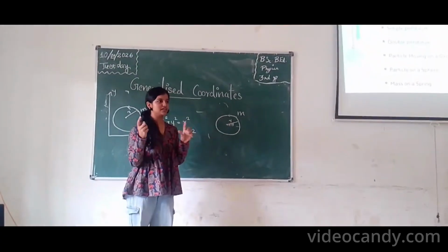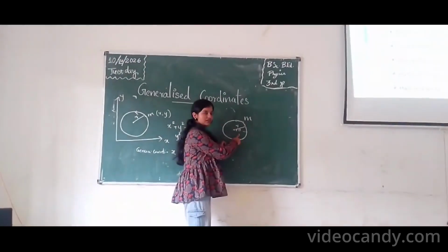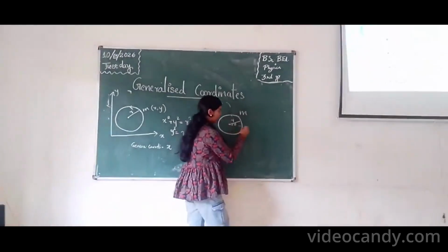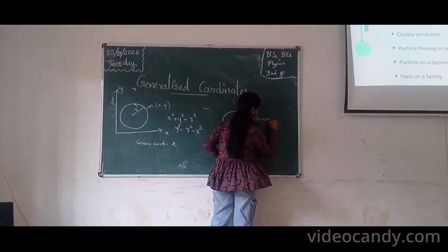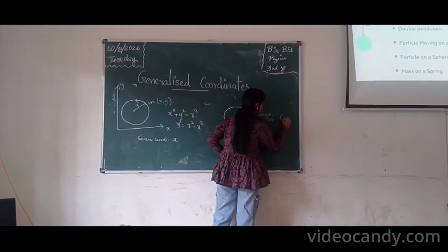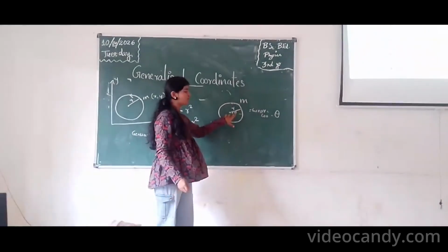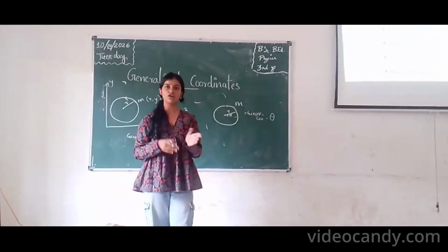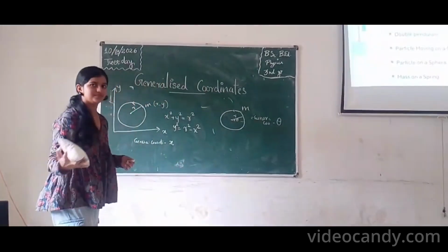Moving on a circle means the radius will be fixed. So the only independent variable here is theta. So the generalized coordinate will be theta. The only generalized coordinate, or independent variable, used for finding the position or configuration is theta. Is it clear?